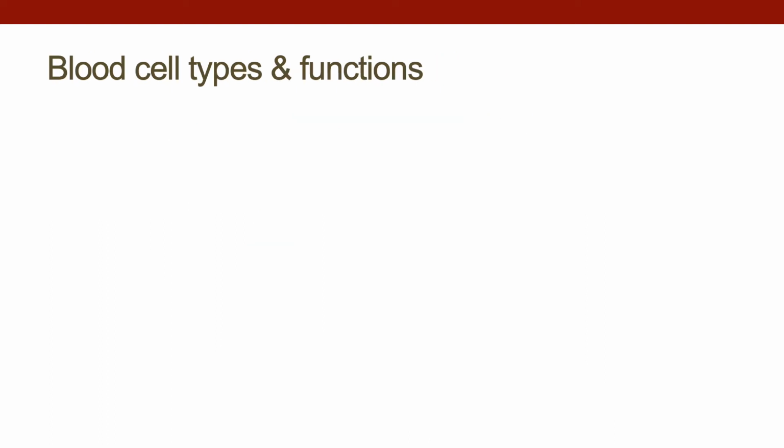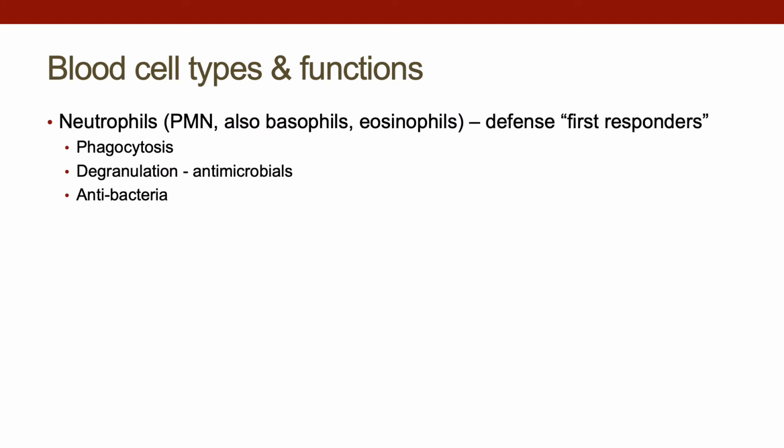And to go into the functions of those cells, the neutrophils, also known as PMNs for polymorphonuclear leukocytes, and basophils and eosinophils, which are related, are kind of the first responders. As we've seen, they're the first ones to migrate.